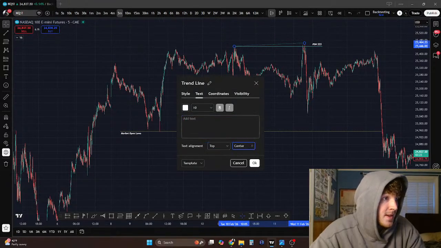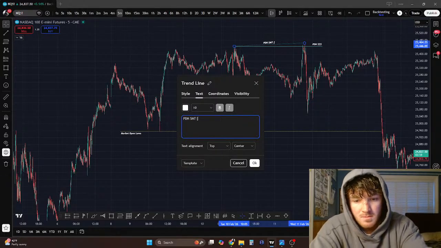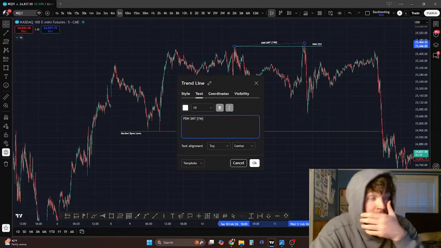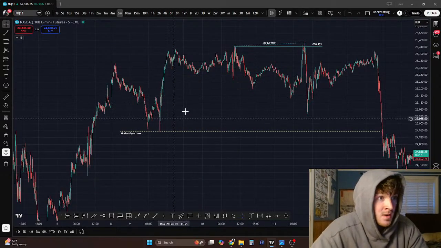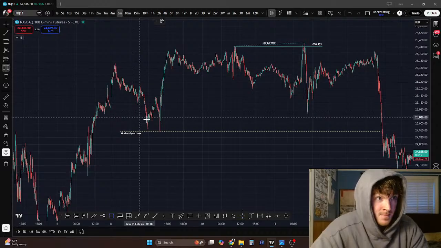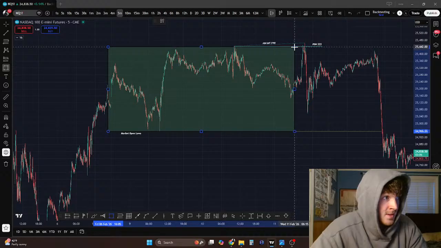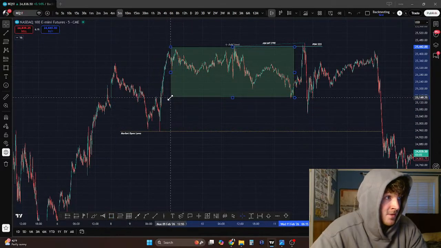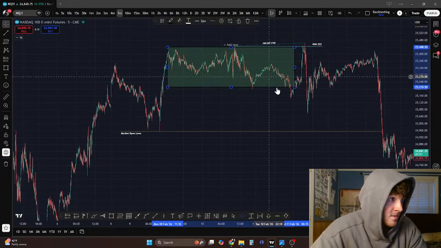So what you end up getting is giant AMD, where Monday through Wednesday accumulates. You could even mark the accumulation range out from here to here, which might make it look a little nicer.